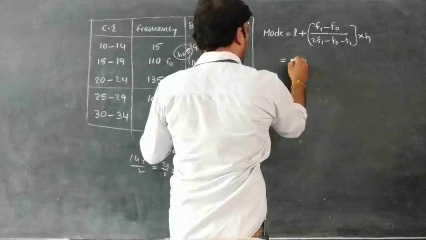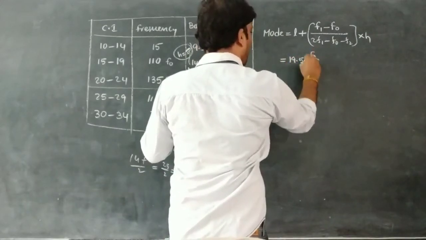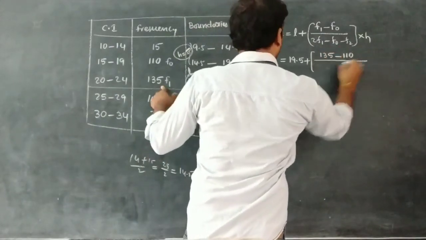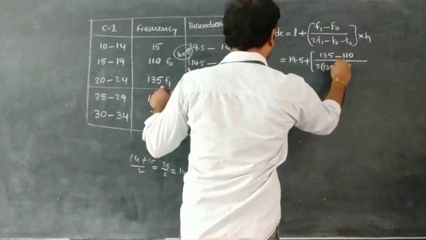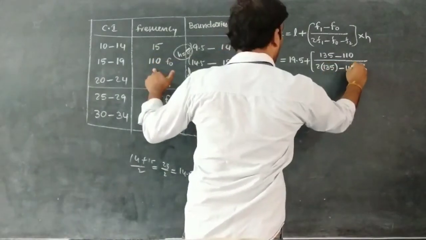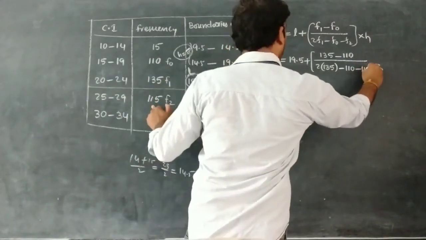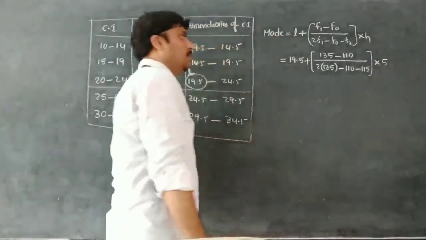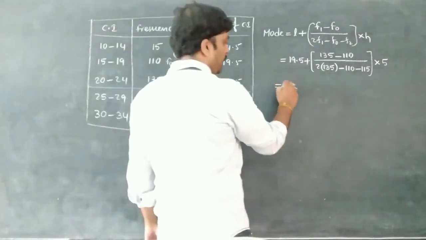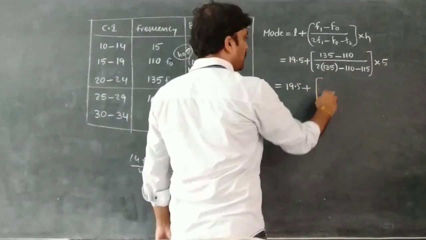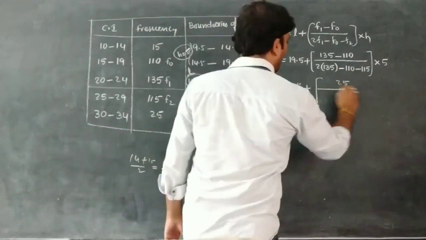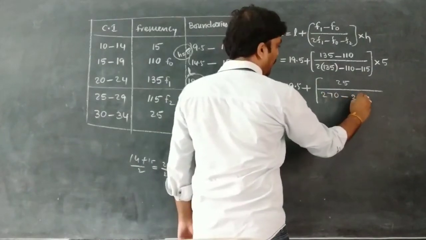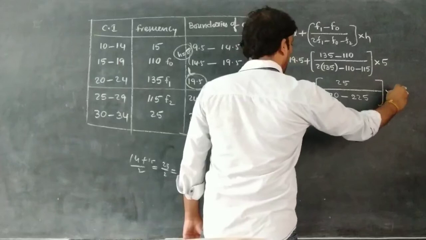L value is 19.5 plus, f1 is 135, f0 is 110, by 2 into f1 minus f0 is 110 minus f2 is 115, into h value 5.